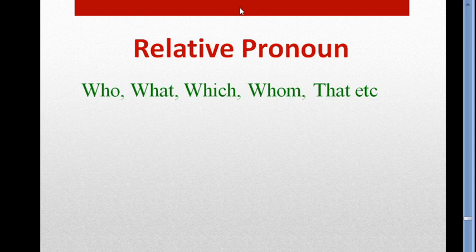You can see on the screen: who, what, which, whom, that, etc. So why do we use relative pronoun? We use relative pronoun to connect noun or noun clause with the relative clause.